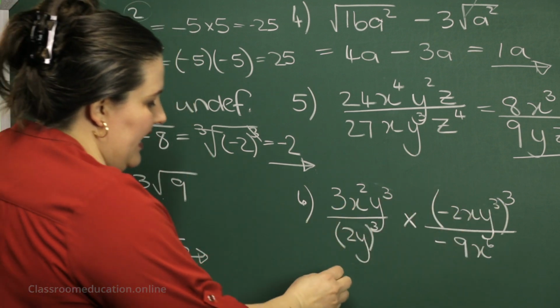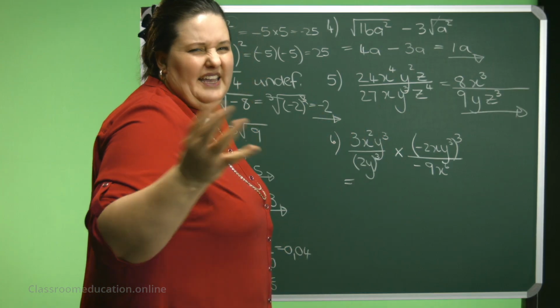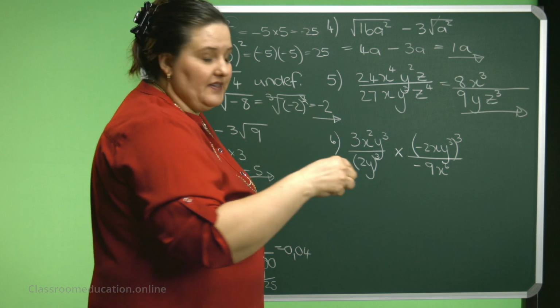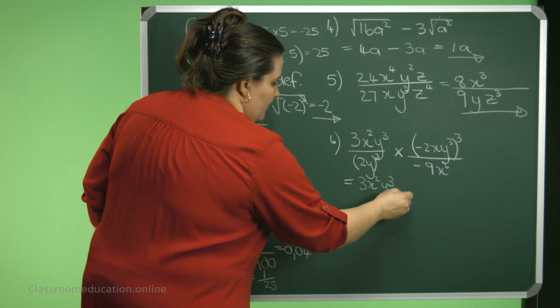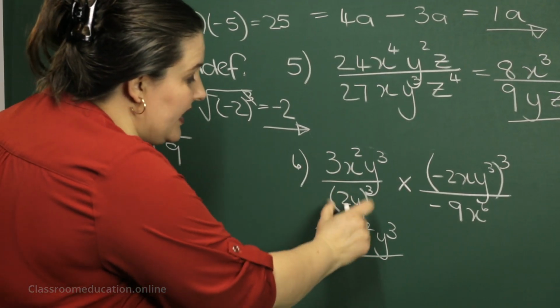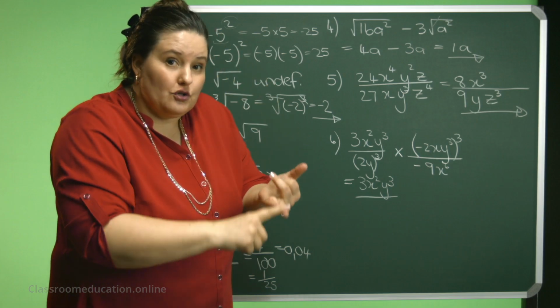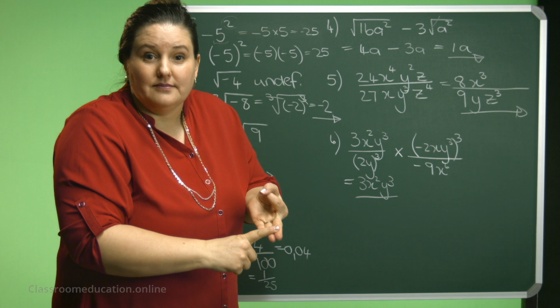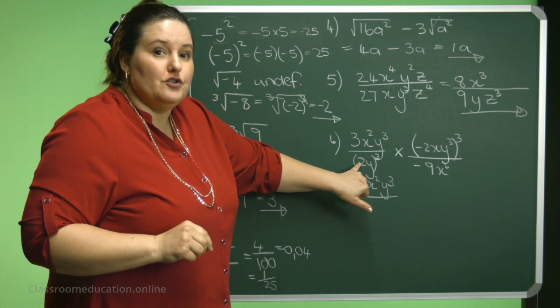So here I have my 3x squared y to the power of 3. I cannot do anything with that, so I will leave it as it is. 3x squared y to the power of 3. In the denominator, though, I have a 2y cubed, which means it's 2y times 2y times 2y. So I can say, let's cube the first two first.